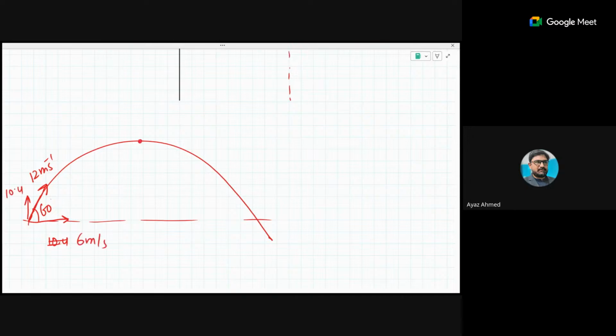So at this point your vy would go to 0, right? But the other one would remain 6 meters per second. Here your vy would be minus 10.4, but your vx or ux would remain 6, the horizontal velocity.